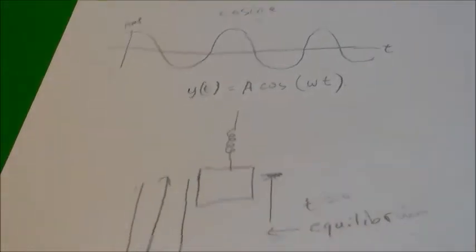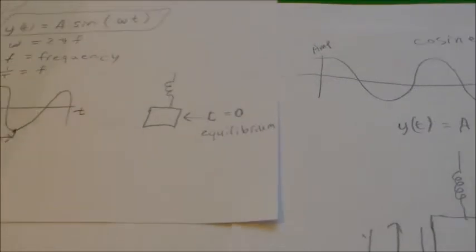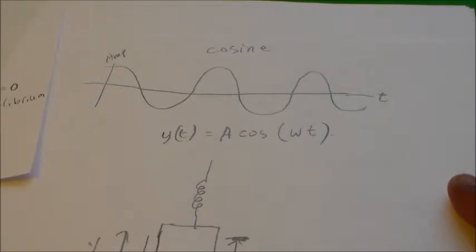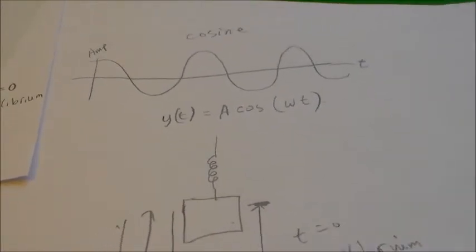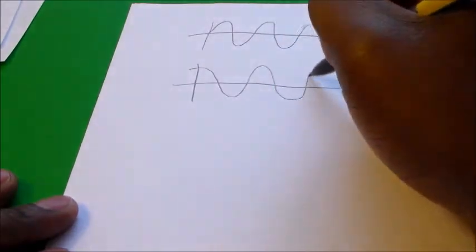All right, so one of the things that you may or may not have noted is that the two graphs here, both my sine and my cosine, are actually pretty similar. What I'll do is go ahead and write the two of them on one page. So let's say this is our sine here, and this is our cosine.